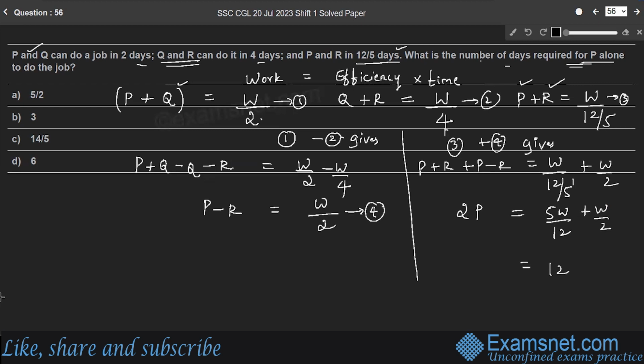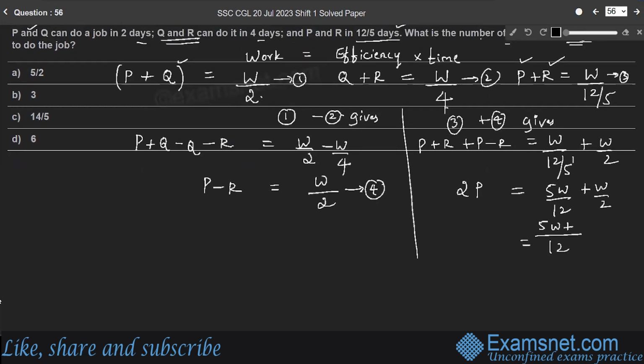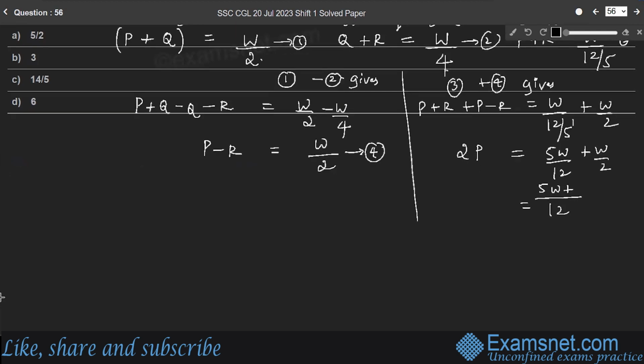Here 12 is the LCM, so the numerator becomes 5W plus... here P minus R is equal to W by 4, not 2, right? Equation 4 is W by 4. So the numerator becomes 5W plus 3W. Therefore, it is 8W by 12.